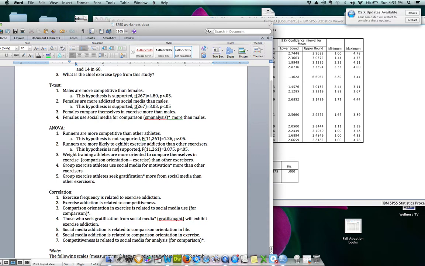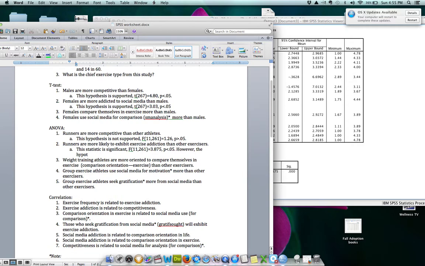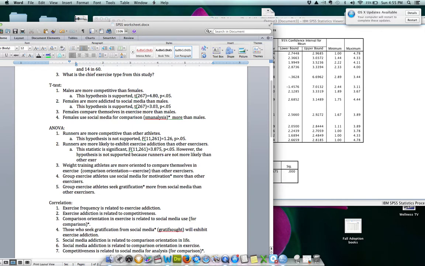So I'm sorry, this statistic is significant. However, the hypothesis is not supported because runners are not more likely than other exercisers.